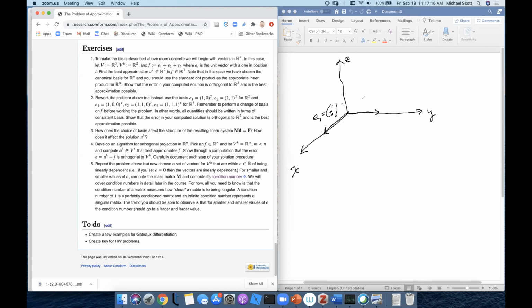This vector here is E2. This vector here is E3. So that should help you see why they're a basis.